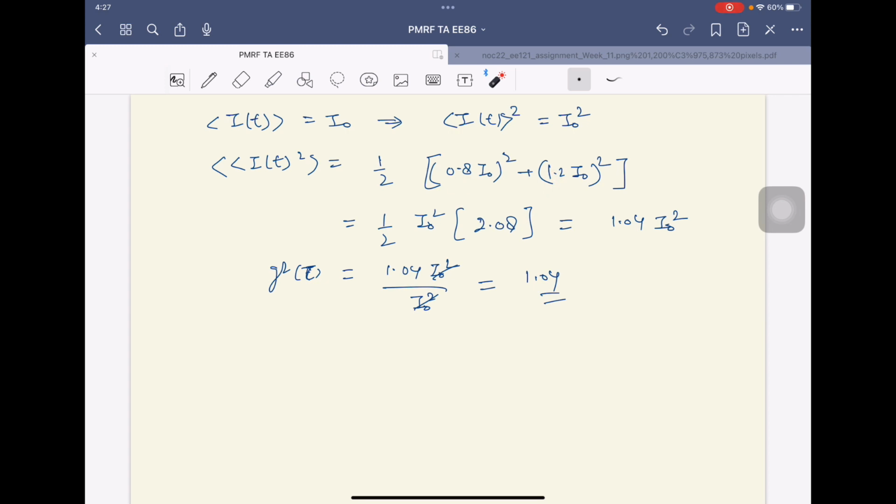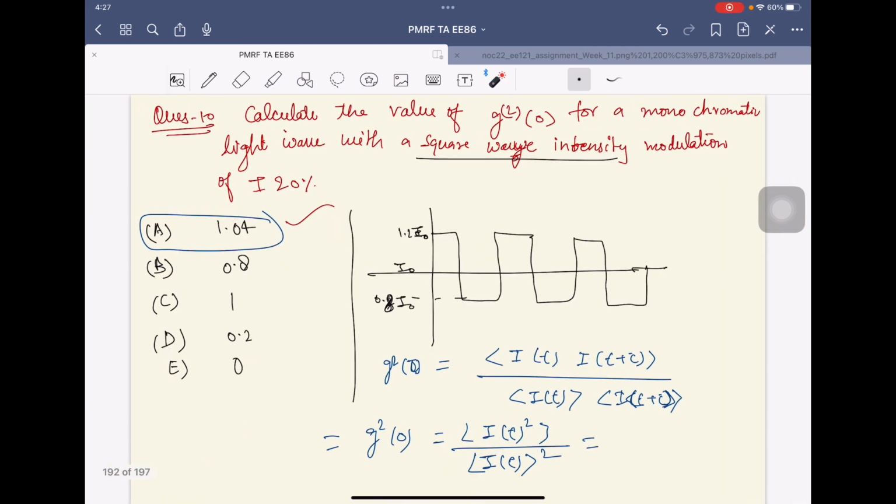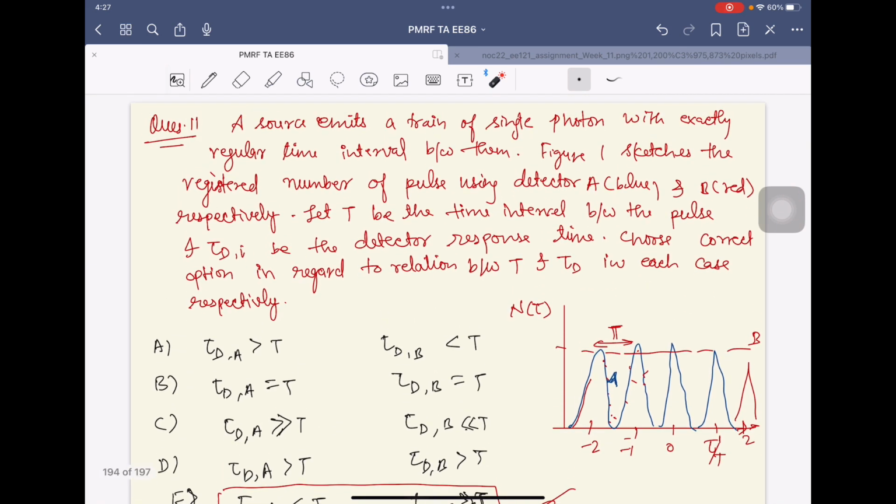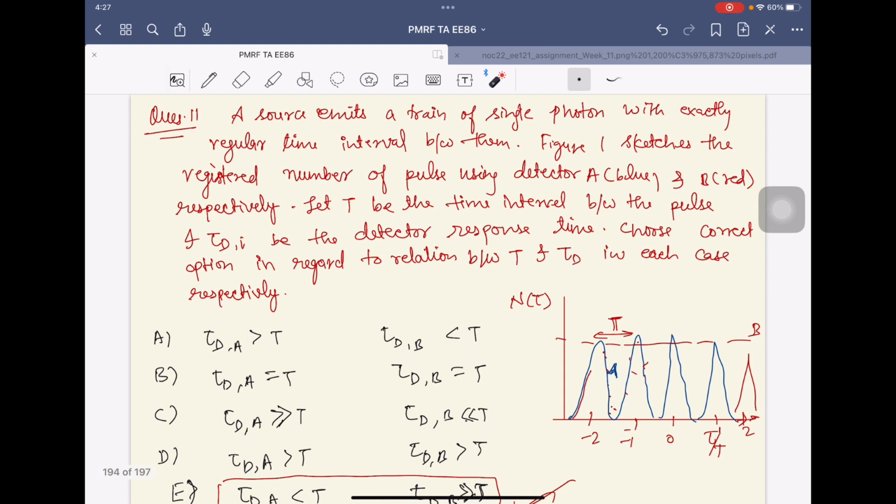So we get 1.04 I0 square. So G tau is equal to 1.04 I0 square divided by I0 square, which equals 1.04. So the right answer will be 1.04.